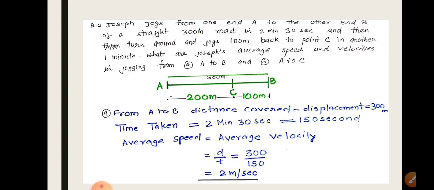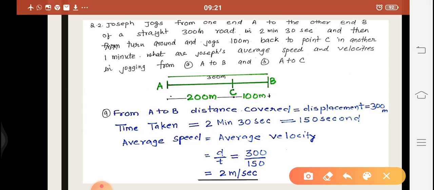Now let us concentrate on the first case, A to B. We have to calculate average velocity and average speed from A to B. What is the distance from A to B? 300, in 2 minutes 30 seconds, that is 150 seconds.